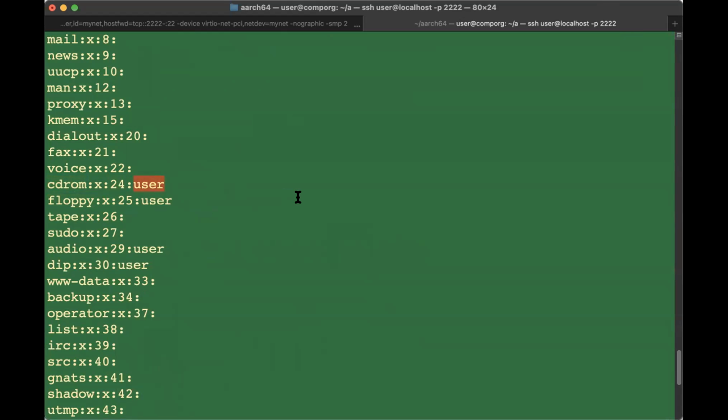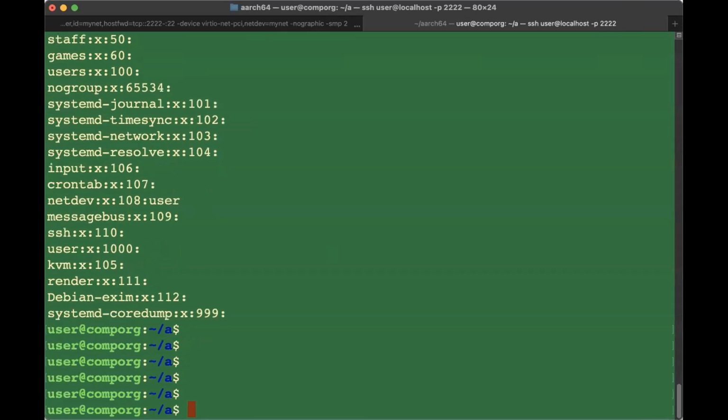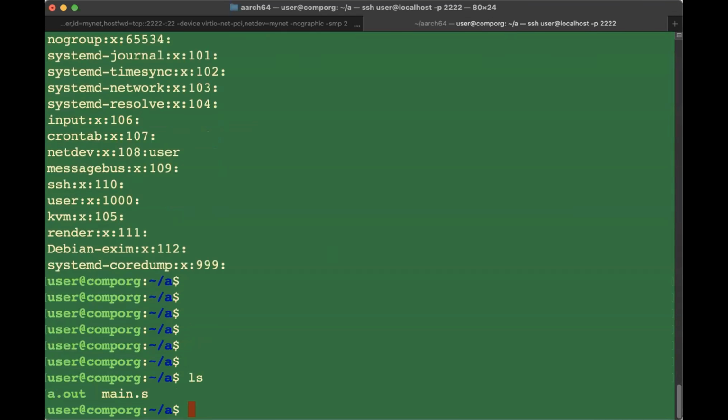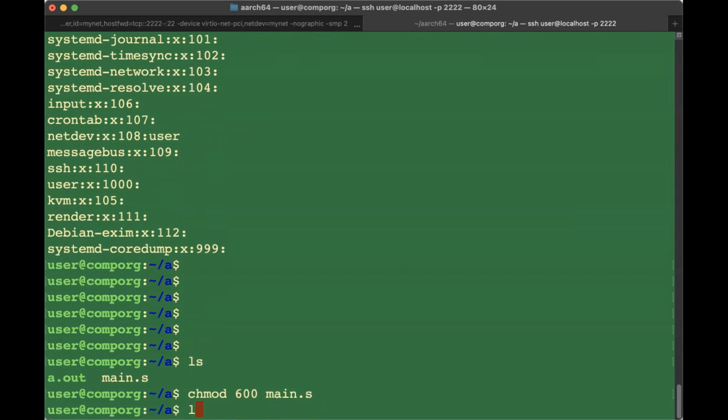Okay, so think of it this way. Suppose you have a file that you only want yourself to have access to. You, as the owner, have access to a file. So let's see, chmod 600 main.s.